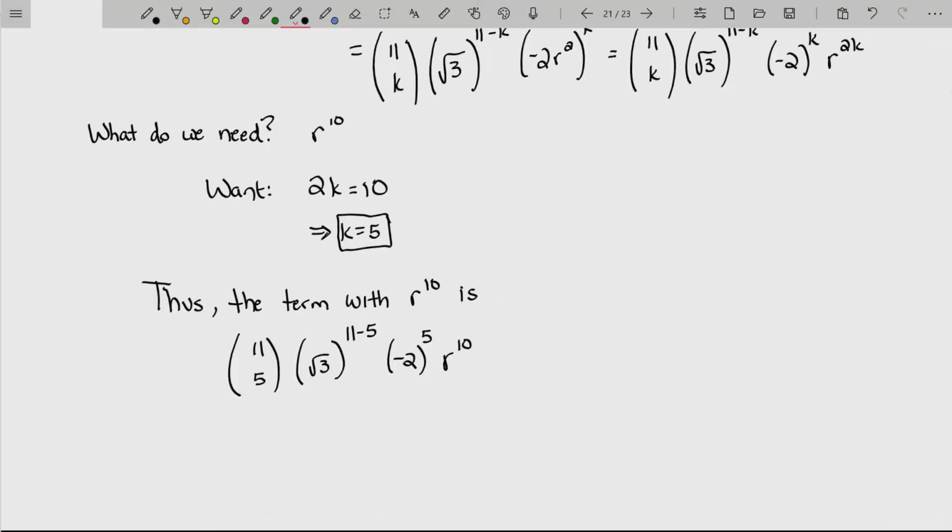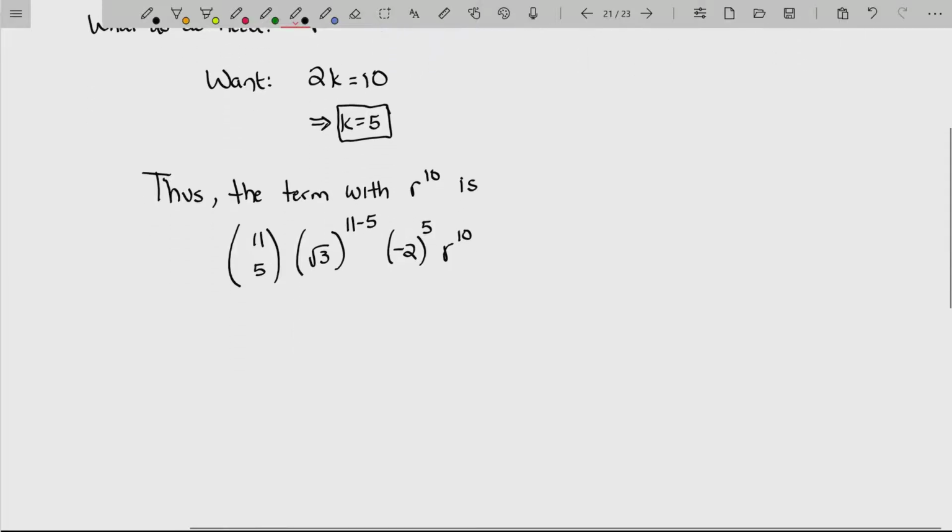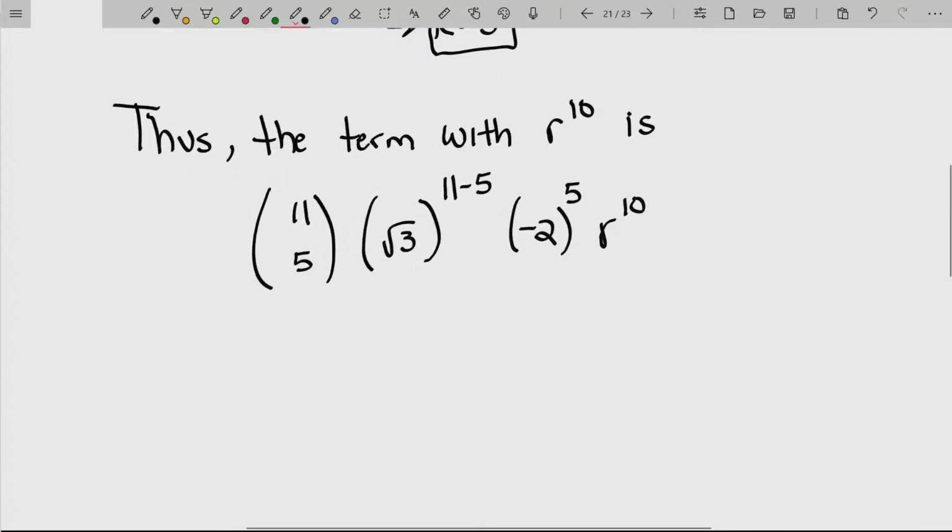Now, that is kind of bad if you leave it like that. So we're going to see if a little bit of math can clean this up. But I'm going to tell you right now, these numbers are going to get large. This is very typical that the numbers get out of control with these, because you're dealing with a high level of expansion. This is the 11th row of Pascal's triangle, so these numbers are somewhat large. But this will be equal to 11 factorial over 5 factorial times 11 minus 5 factorial.